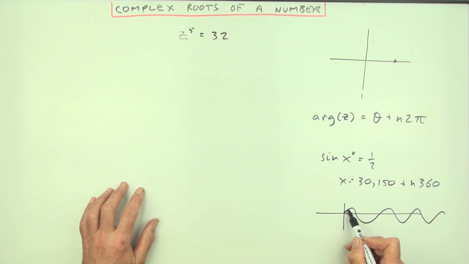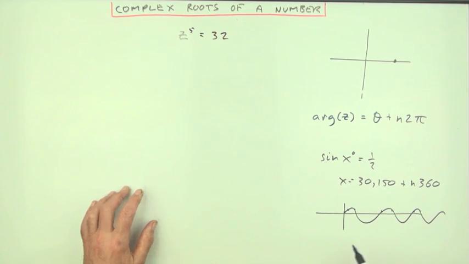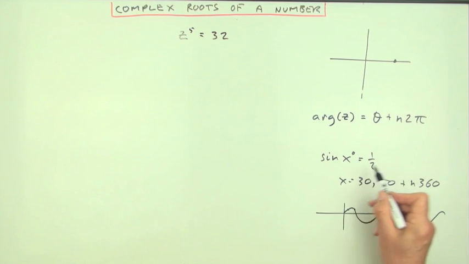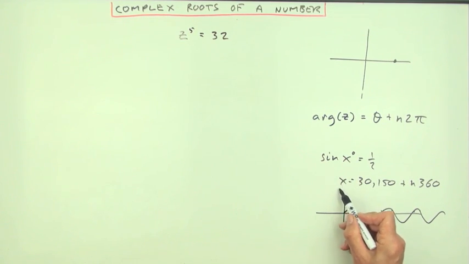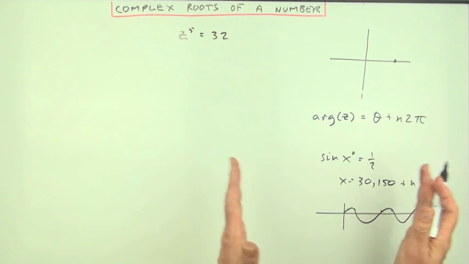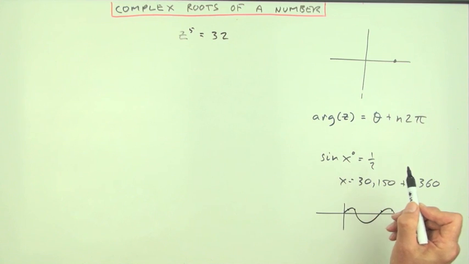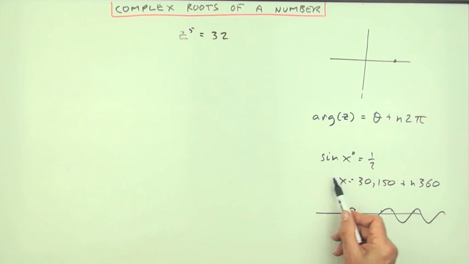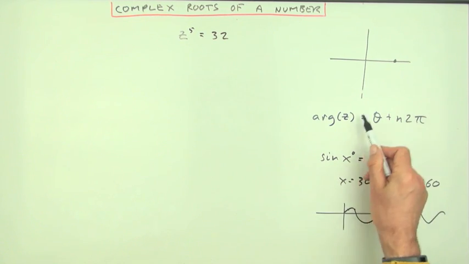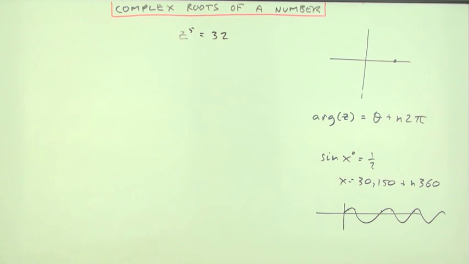So the answer for x went on and on forever. That was known as the general solution. And you would only shorten it to these two if you had a specific limit for x, if x only was permitted to have a certain interval. That's the general solution to a trig equation. That's, if you like, the general form of the argument.